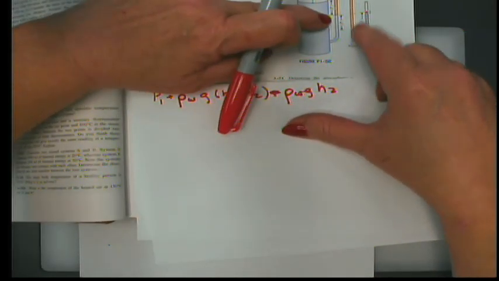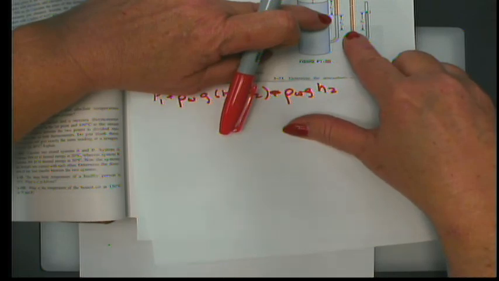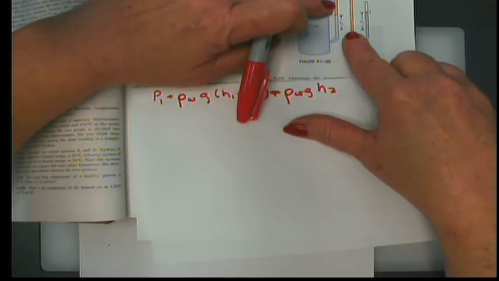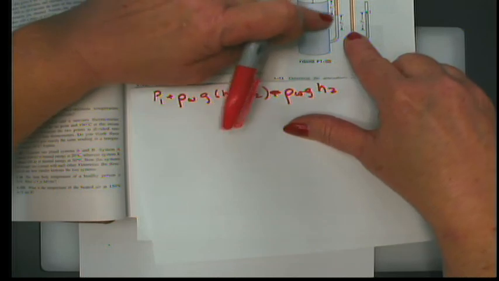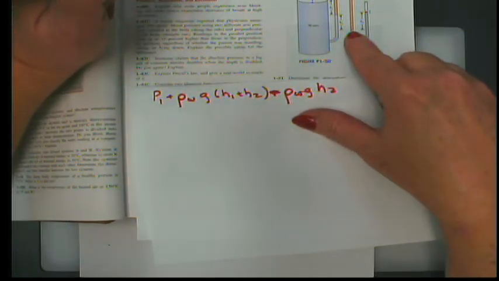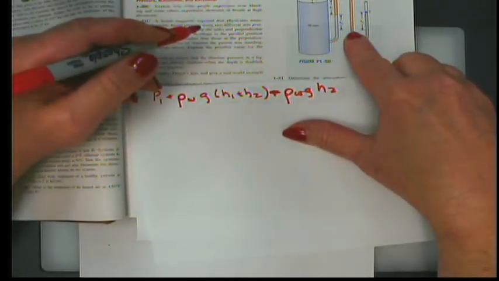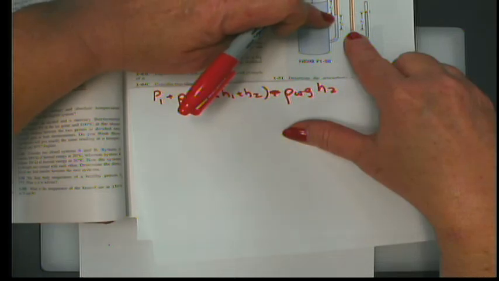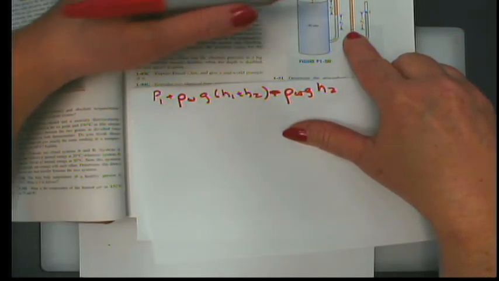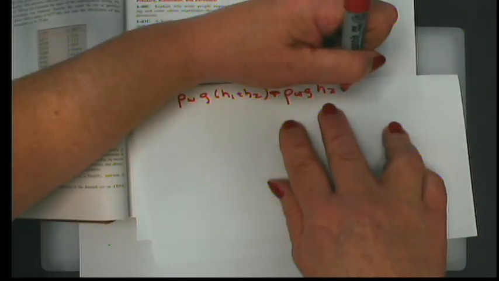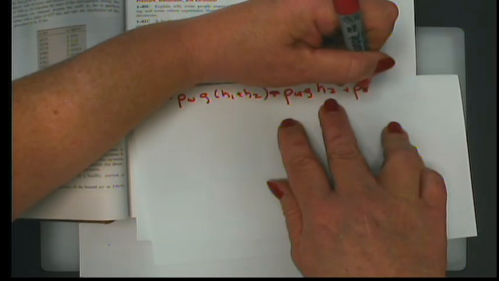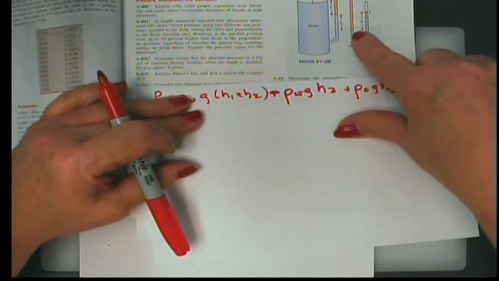If we go from here to here, then we are coming up to H1, which brings us back to our original location, and then down to here. So if we look at the difference in the column of the oil, we're going down by H2. So then that's going to be plus rho of the oil times G times H2. And that gets us to the pressure right here.